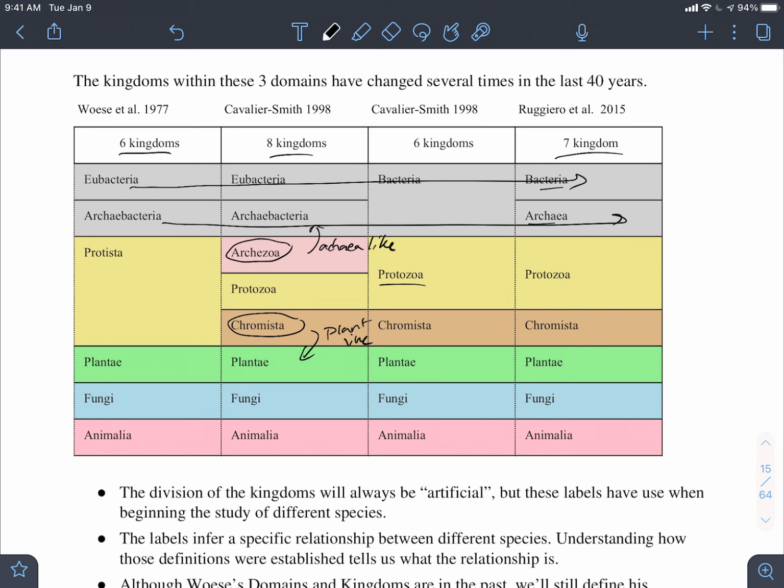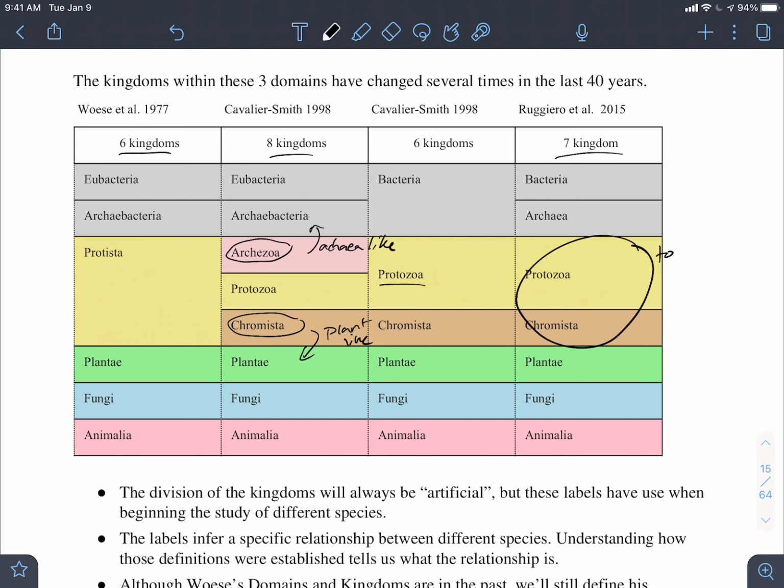And then we should have the protozoans, and we also could put in these chromistas, which is a subgroup of the protozoans that will be plant-like. I like this system a lot. I think the 7 kingdoms is nice to work with because I like that chromistas are kind of separate, although there's still debate as to whether these should be together or apart.